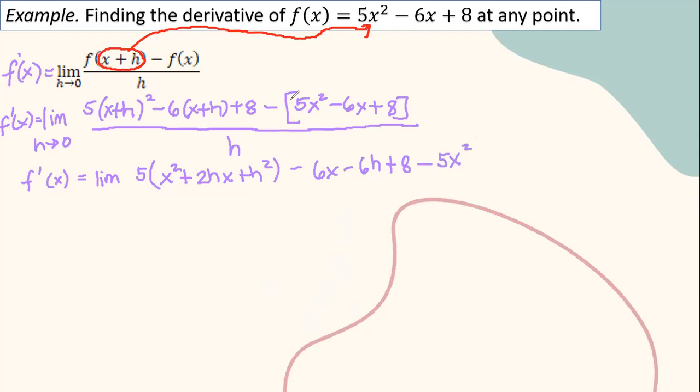Okay, minus lahat tong buong function na yan.